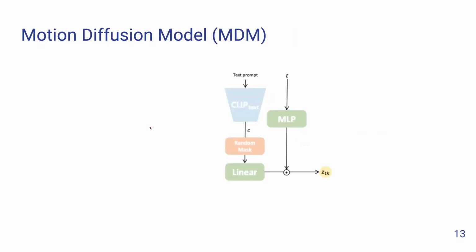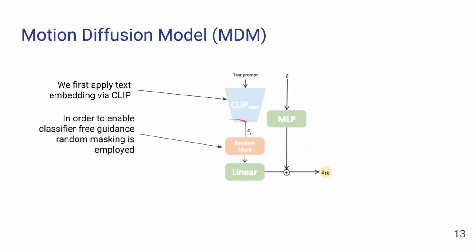Now I want to go over the visual model of a motion diffusion model. The first thing we do is CLIP text embedding, and we're all familiar with how this works. It was explained in the CLIP hierarchical image generation paper. So we embed text using CLIP, and then we take a provided condition and put the text through the random mask using that condition.